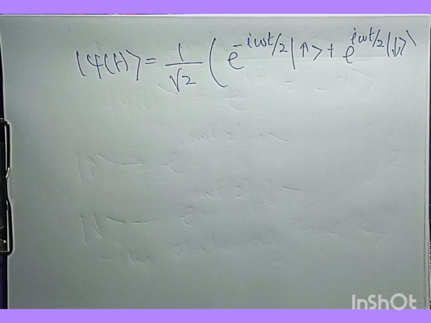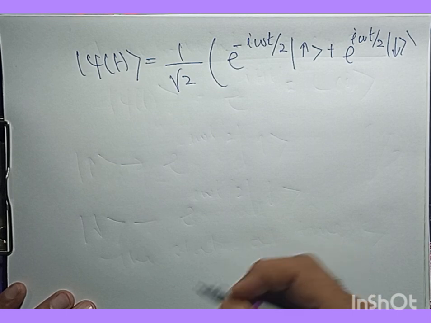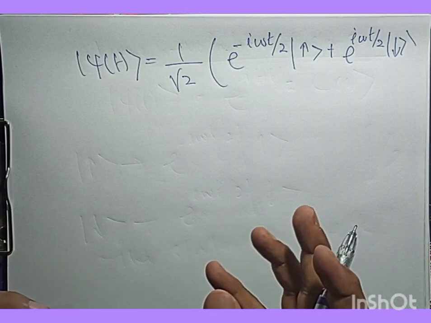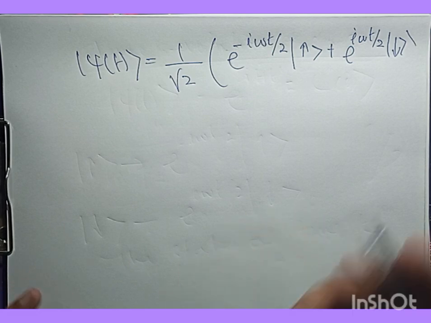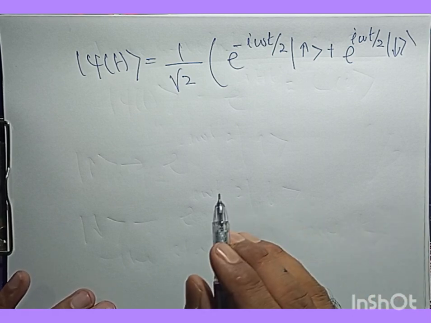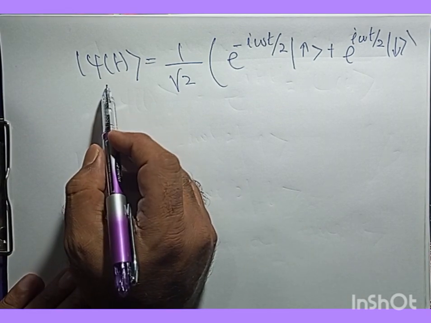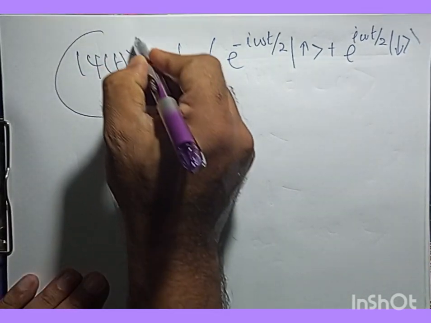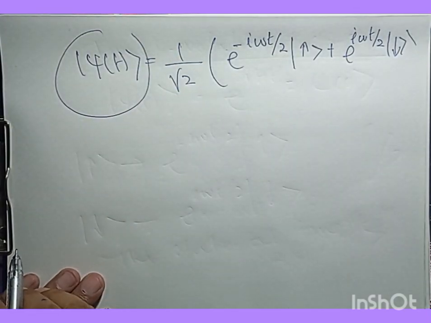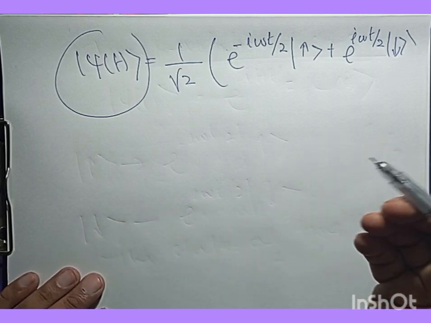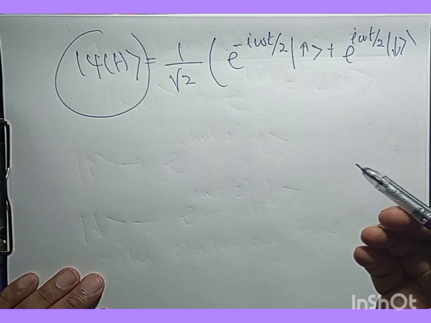So the probability of measuring the spin along the z direction: in order to find the probability of measuring spin up or spin down along the z axis, we project this state psi onto the eigenstates of Sz. Sz is plus h bar by 2 for spin up, and minus h bar by 2 for spin down.